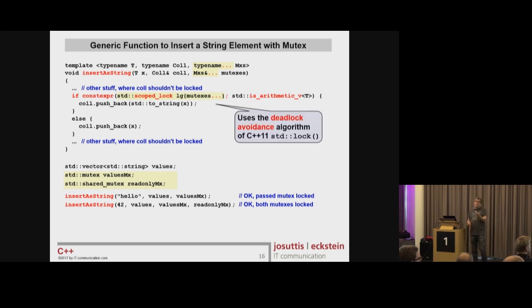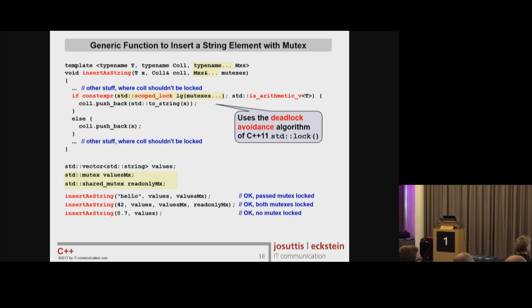By the way, if we have multiple mutexes here, then the scoped_lock that locks the mutexes uses the standard function std::lock, which has a deadlock avoidance mechanism, so that we try to avoid deadlocks here, only here, not in general. You can still create deadlocks yourself. And so that we have better safety here in our code.